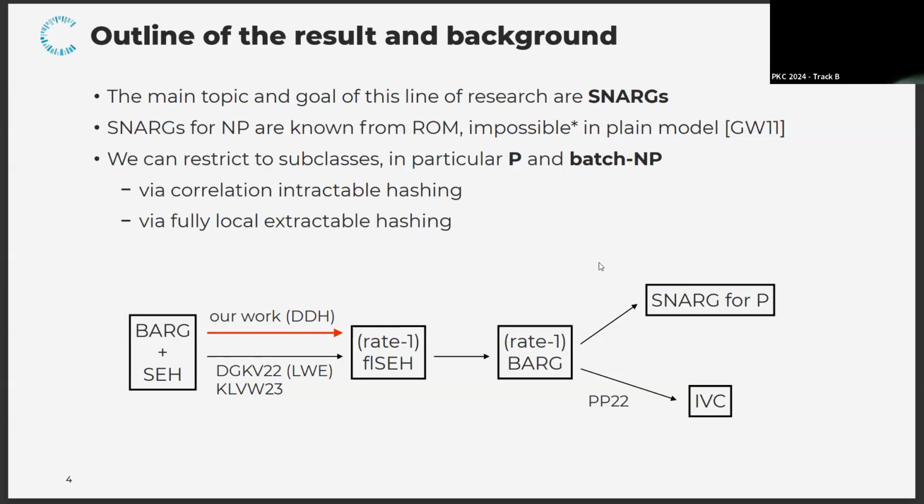And there has been work to compile high rate BARGs with this SEH, so somewhere extractable hashing, to compile them into rate one BARGs. And there's been work by Devadas et al. that builds it through this fully local somewhere extractable hashing. And they did it from LWE, and we do it from DDH.